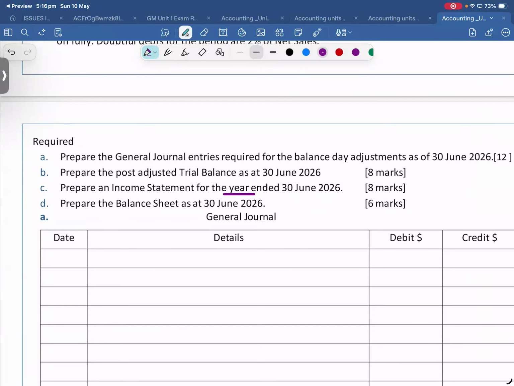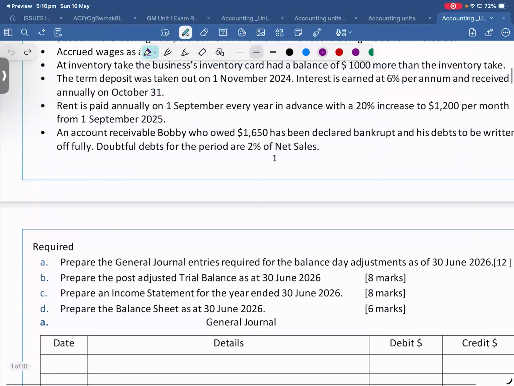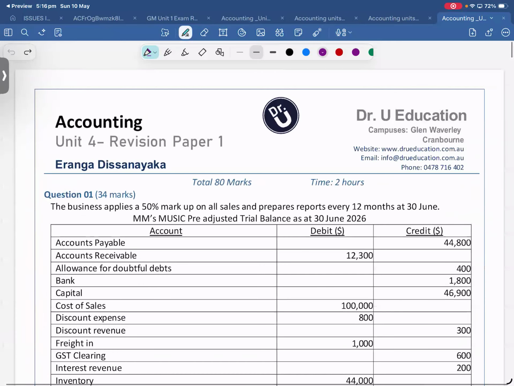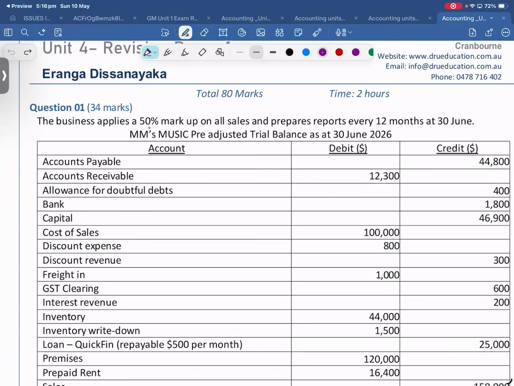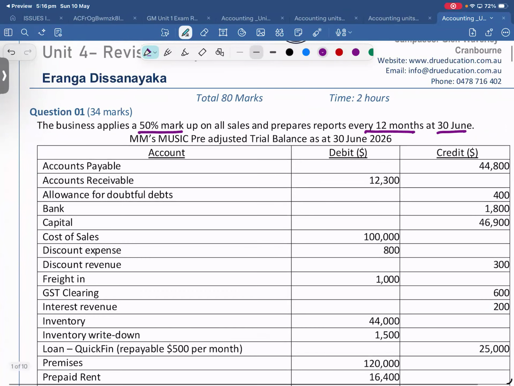So be careful, every time it is not 1 year. If the next question is not for 1 year, then we know we are not preparing it for 12 months. The business applies 50% markup. Reports are prepared every 12 months at 30th June. Now, where are we going to start, guys?